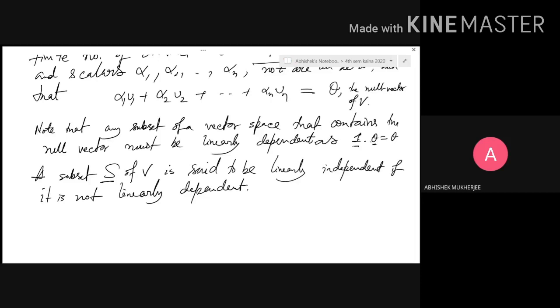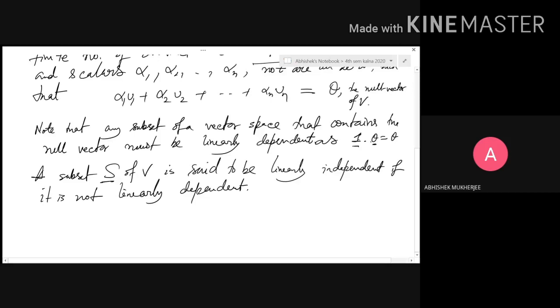Have a look at the definition minutely. A subset is said to be linearly independent if it is not linearly dependent, which means every finite set of vectors taken from the set S is linearly independent.